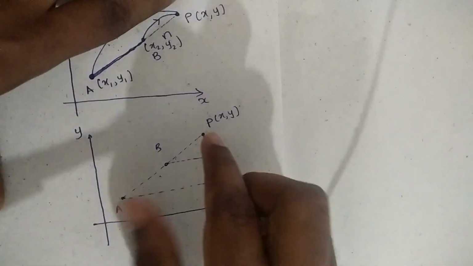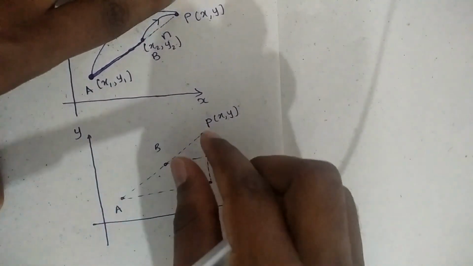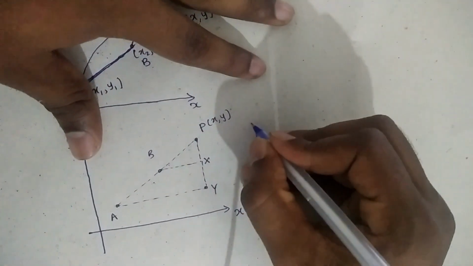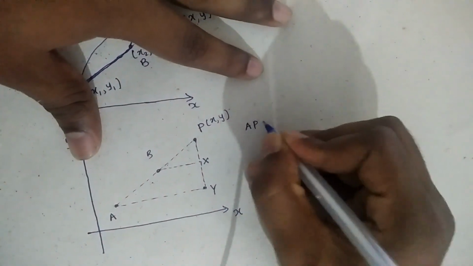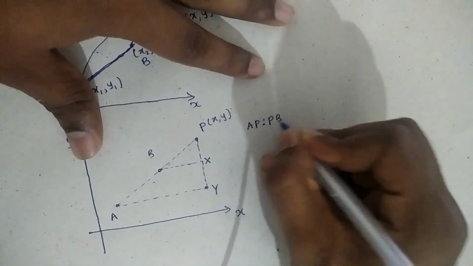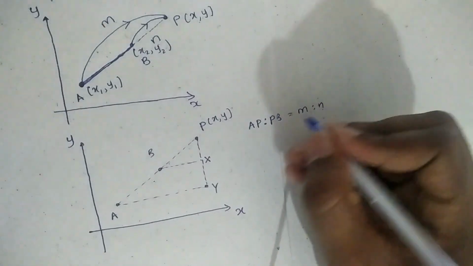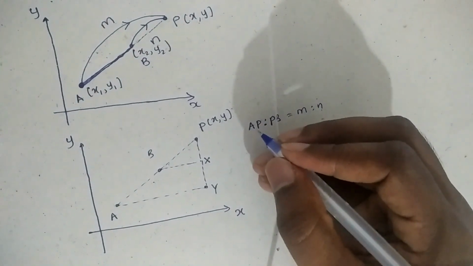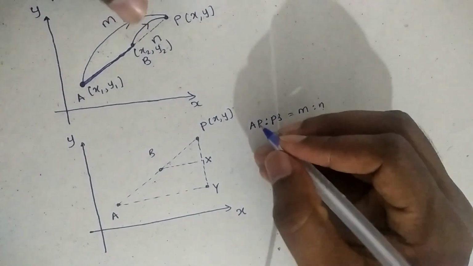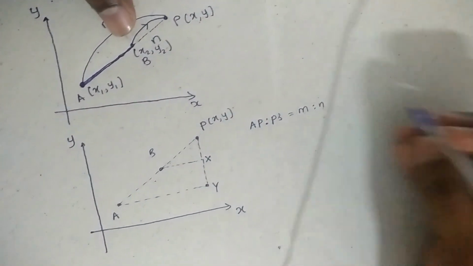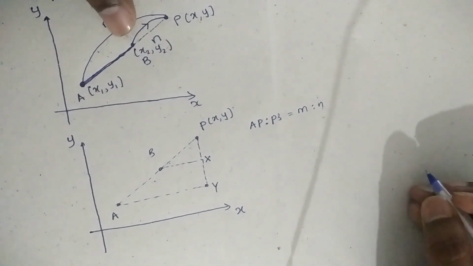How have they given you the ratio? AP is m and BP is n. The way they have given the ratio is AP is to PB equals m is to n. So if you consider the 2 equiangular triangles PBX and PAY, you can write the formula like this.